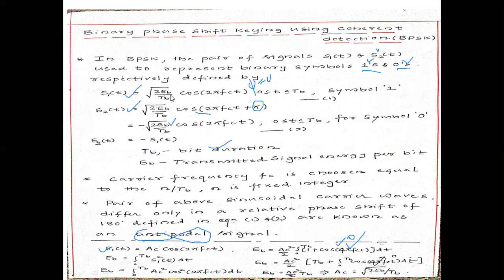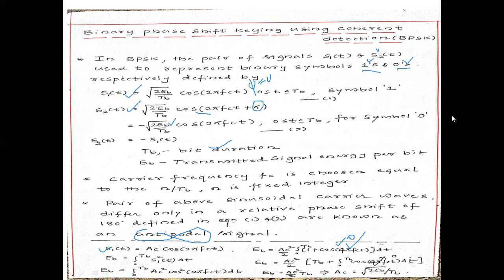And we know that this square root of 2 by Tb cos 2 pi fct is nothing but phi 1 of t. So S1 of t can be expressed as square root of Eb into phi 1 of t. And S2 of t can be written as minus square root of Eb phi 1 of t.